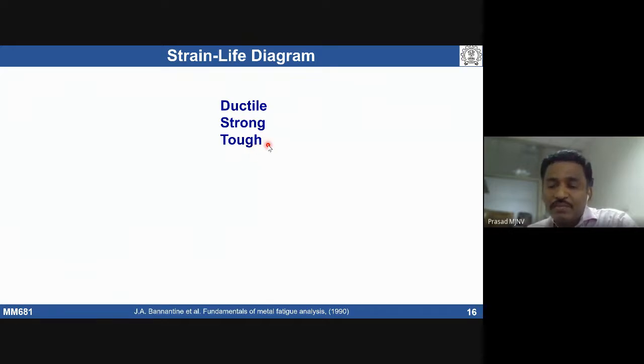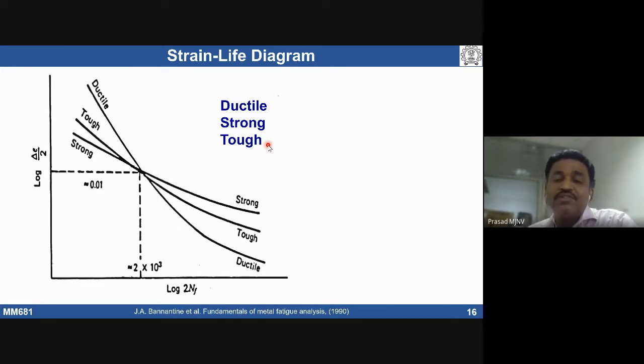If I look at typical SN curves established from a strain life approach, the ductile curve will be like this, the strong material will behave like this, and the tough material will be intermediate between these.